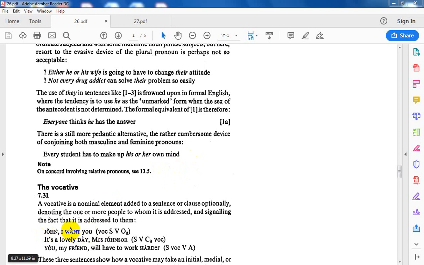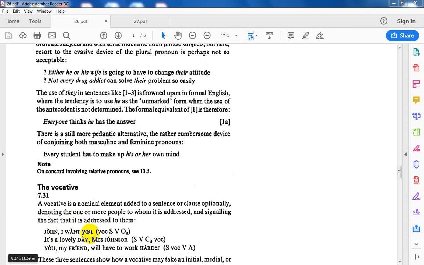It is falling. It is a lovely day, Mrs. Johnson. It is rising. You see the rising tone here. You, my friend, will have to work harder. Again, these signs at the bottom and at the top of words are marks for the intonation of the word itself.